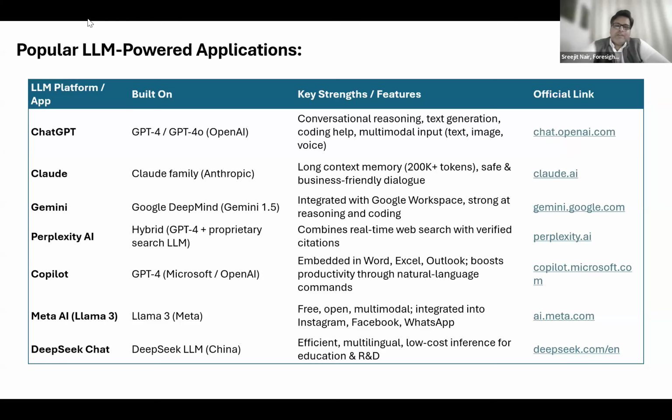And anything where I require source citations, authenticity of a news, whether it is fake or real, Perplexity is something that I normally use. Then Copilot and others, they are not frequently used, but yeah, it's always better to keep on updating ourselves. So these are the basic three that I normally use.